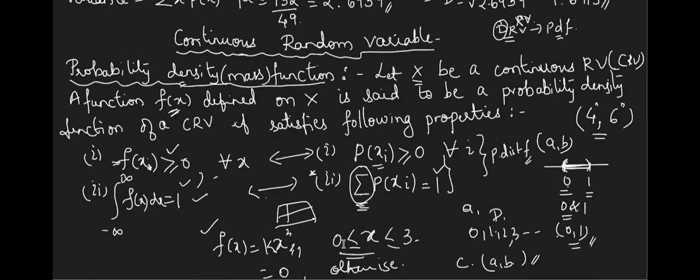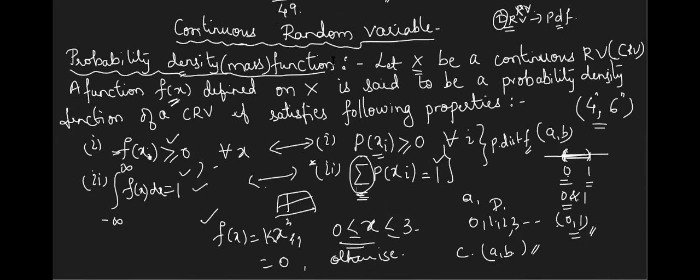Now, similar to discrete random variable, we have continuous random variable. For this CRV, we just define a function f of x. On this CRV, this function f of x is called the probability density function if it satisfies two conditions.